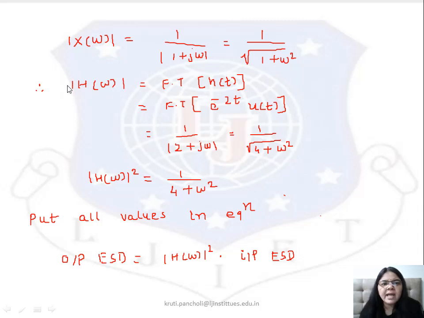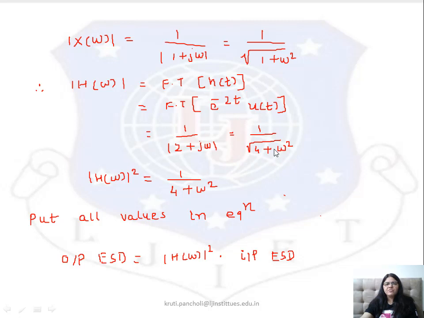Now H(omega) is the Fourier transform of h(t). What is h(t)? It's e raised to minus 2t u(t). Similarly, we can write down its Fourier transform: 1 upon modulus of 2 plus j omega, which equals 1 upon square root of 4 plus omega squared.